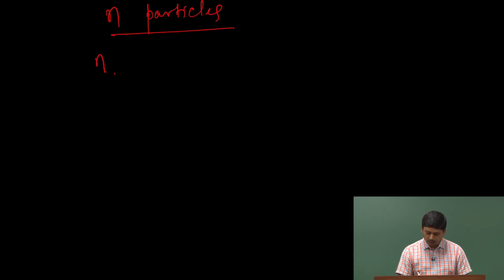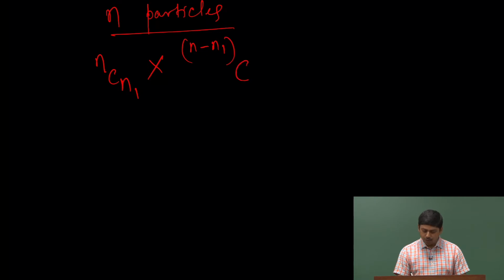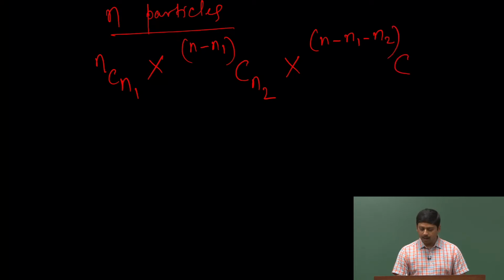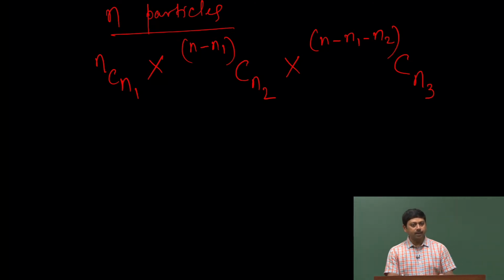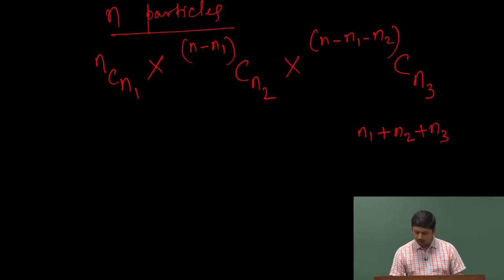I choose n1 particles from the n particles, that leaves me with n minus n1 particles. I choose from there some n2 particles, that leaves me with n minus n1 minus n2 particles, and from that I choose let us say n3 particles. So, there are 3 levels n1, n2, n3, but the condition is that n1 plus n2 plus n3 should be equal to n.